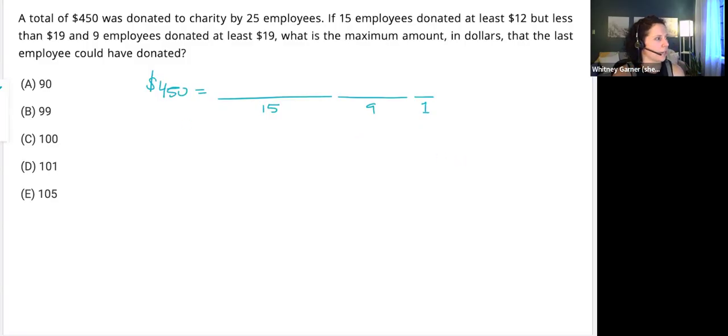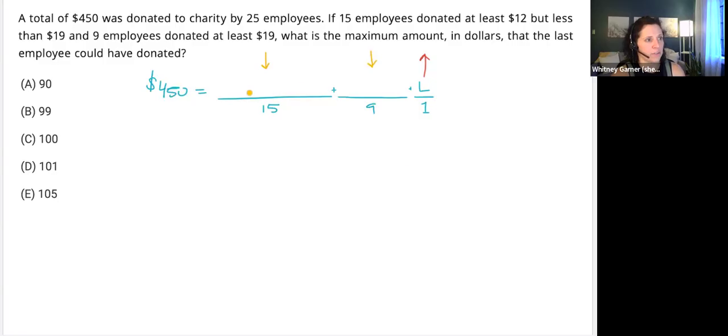And I want to know how to maximize what the last person donated. Well, again, if this is all a sum, if I'm going to maximize what this person donated, I'm going to minimize what everybody else donated.